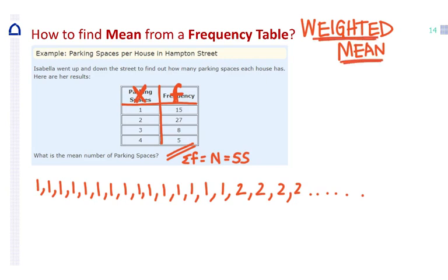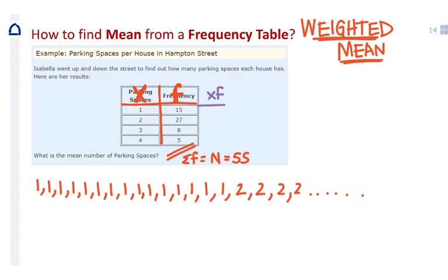No, we can't do it that way because, for example, for one parking space, the number of answers we had was 15 people said that, and then 27 people said 2 parking spaces, so that's weighted more.